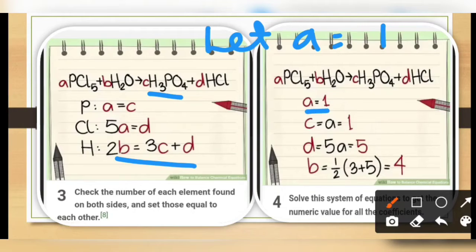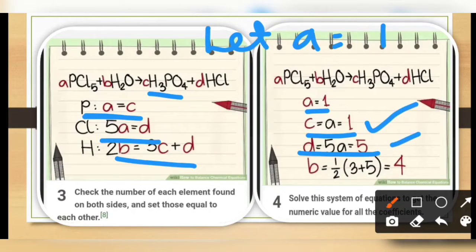If we take A as 1, then from the equation A equals C, which equals 1. So A and C become equal to 1. Now the second part: for Cl, that is 5A, and it equals D. So here we can easily find D. For B, we can use this equation.